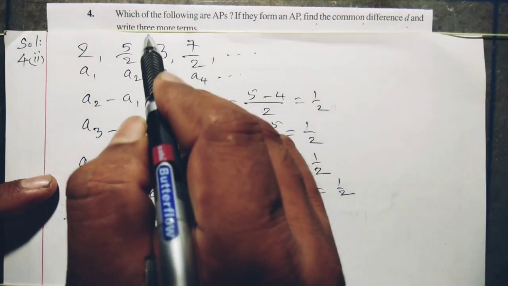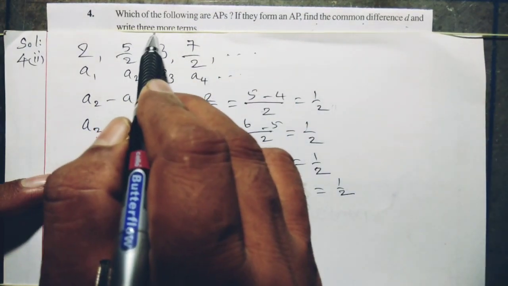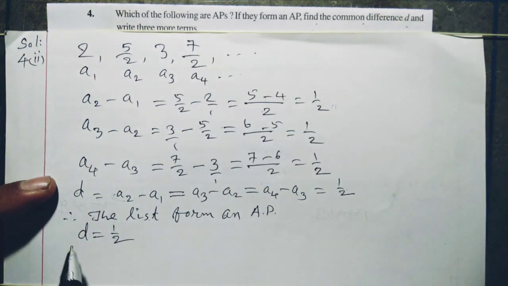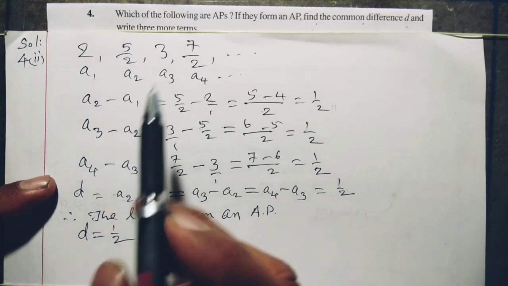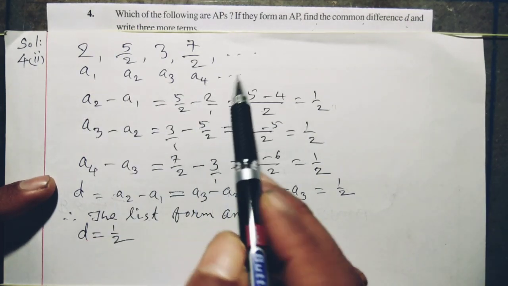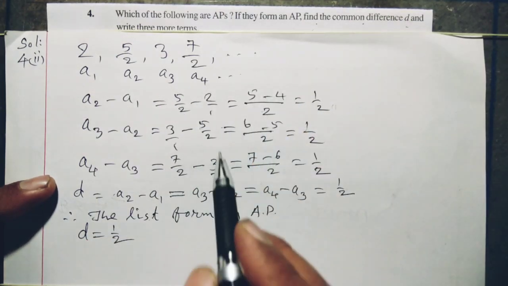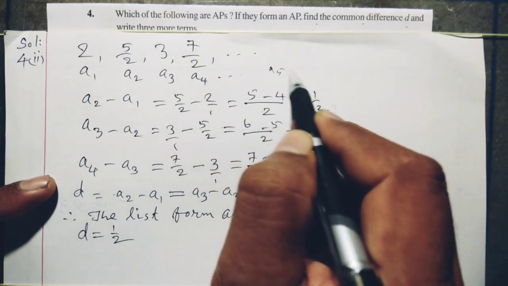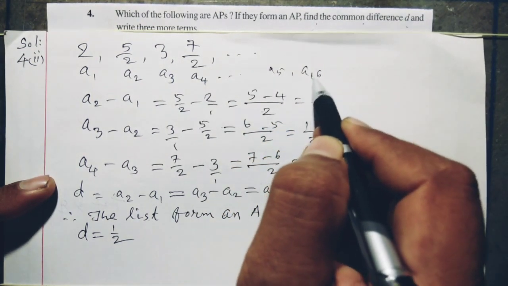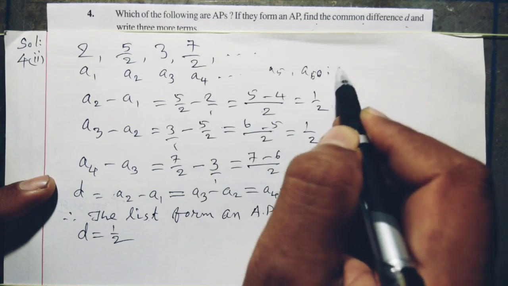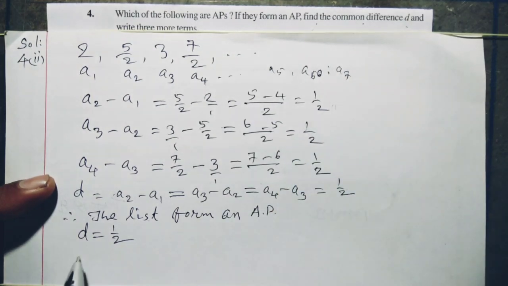We have to write 3 more terms. Therefore, 3 more terms means we have to find A5, A6, A7.